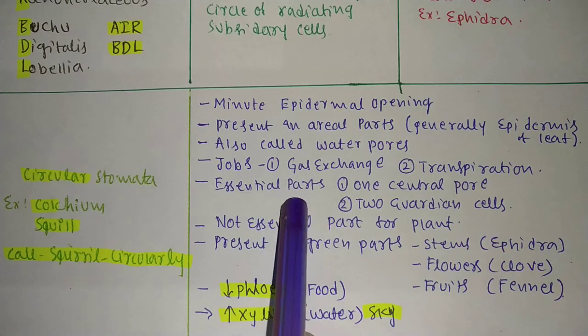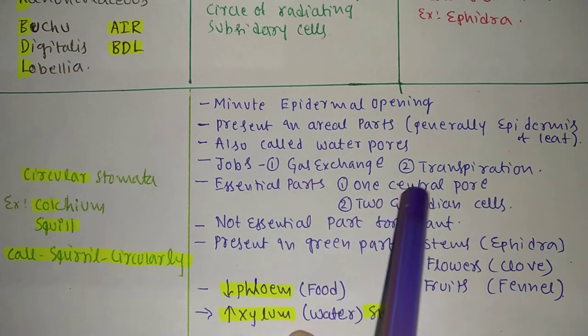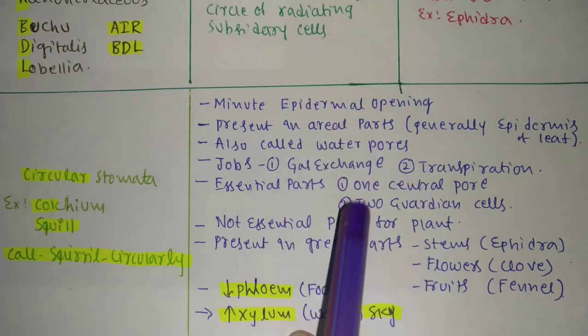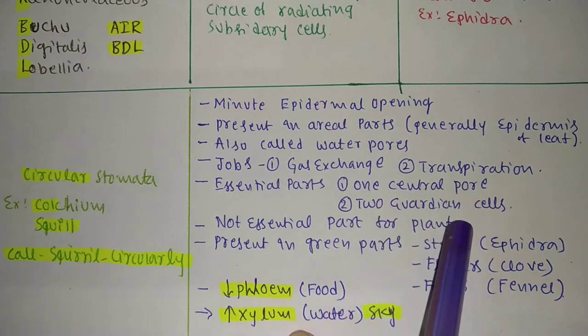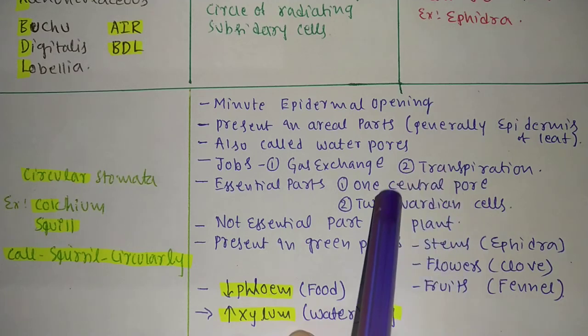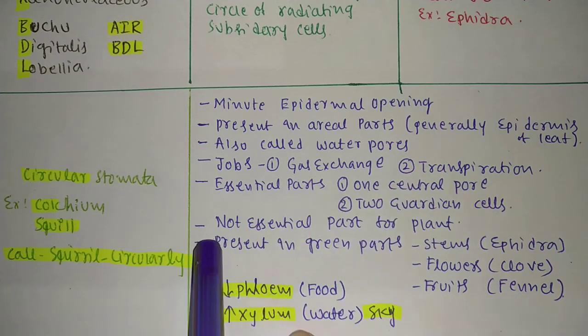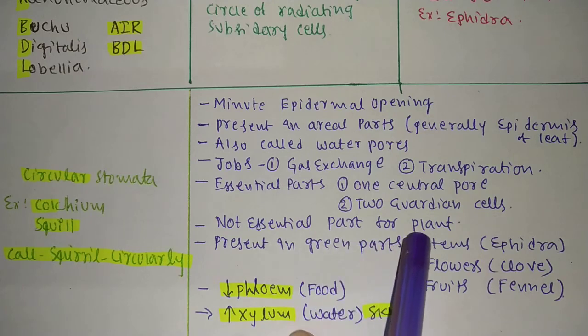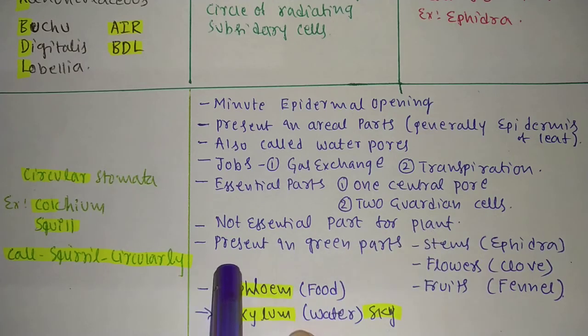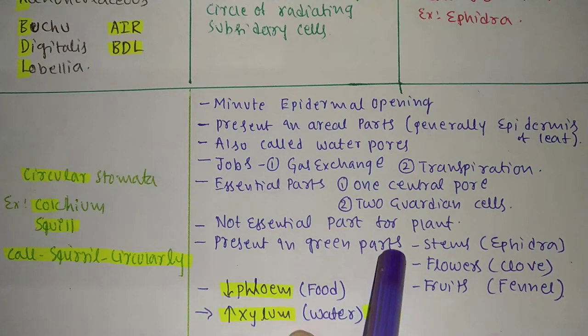The essential parts of a stomata are one central pore and two guard cells. These are the essential parts, common in any stomata. Stomata is not an essential part of a plant. It is present in the green parts, generally aerial parts, including stems.